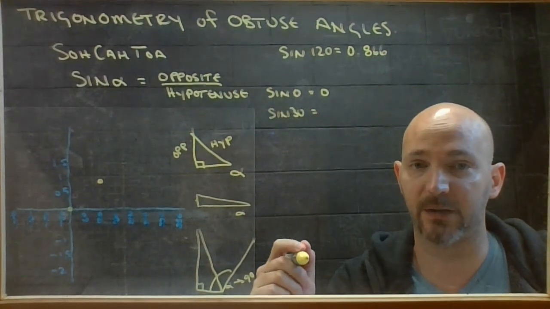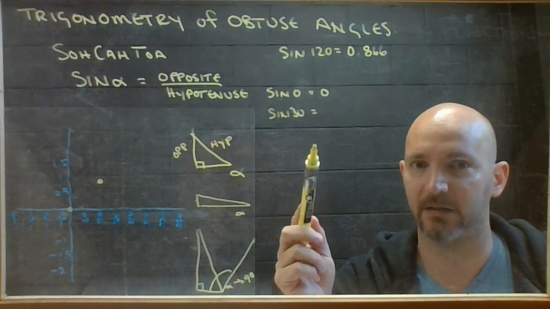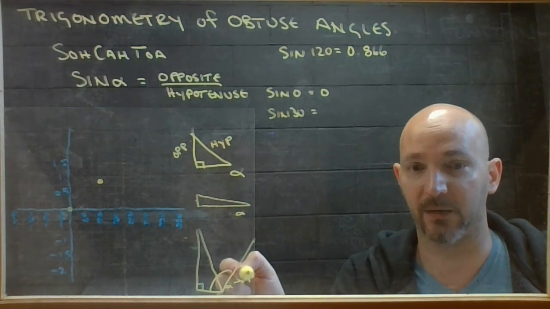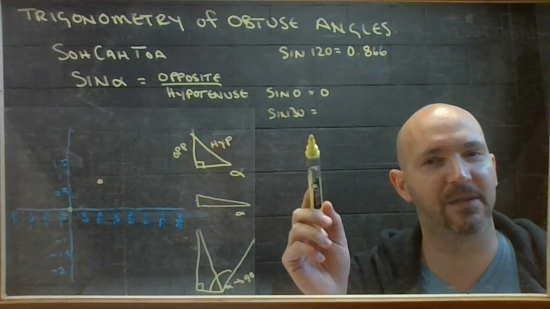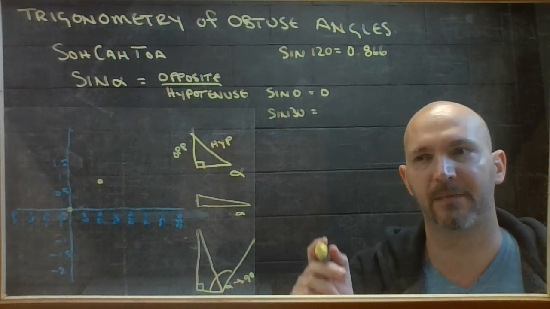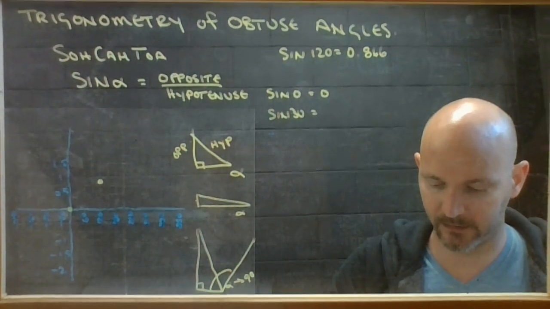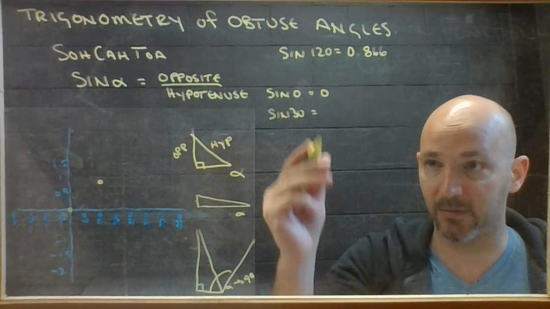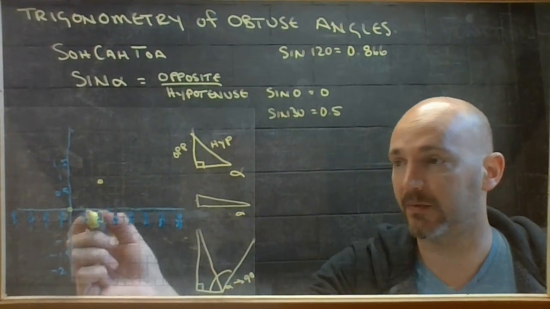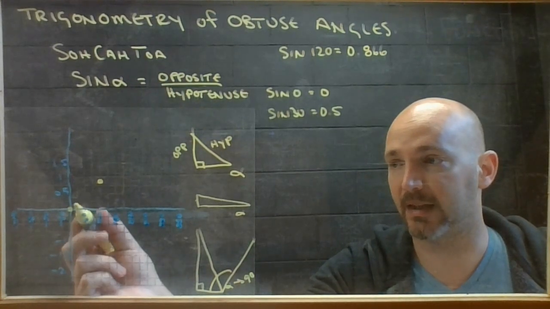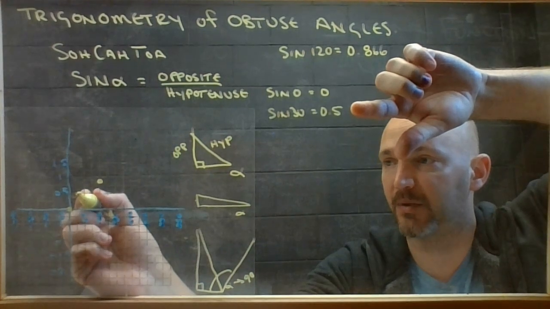We could do 1, 2, 3, 4, 5 if you like, but considering we already know it goes up to 90 and we need to go past that, that's going to be a lot of dots. So I'm just going to skip by 30s each time. Sine 30 gives you 0.5. So I'm going to find 30 on here. If that's 60, that's 30. And my y value should be 0.5. Puts it right there.